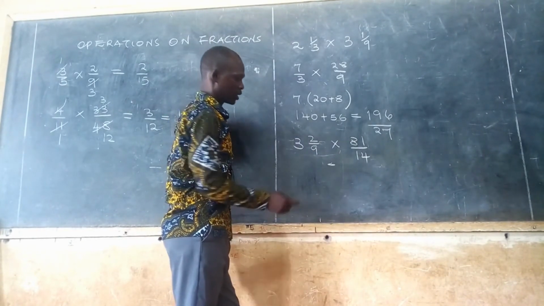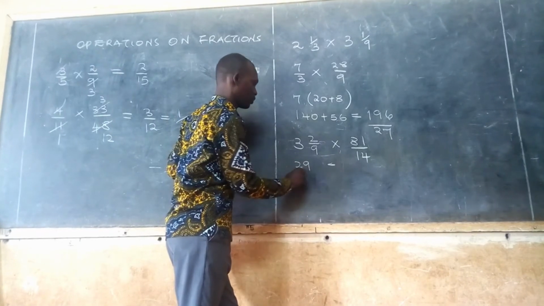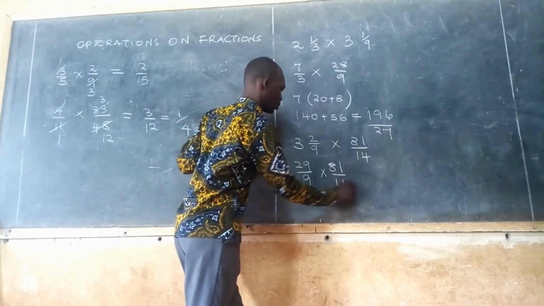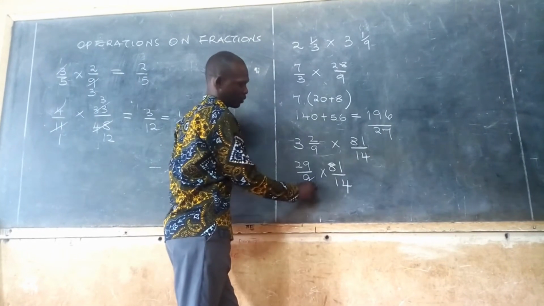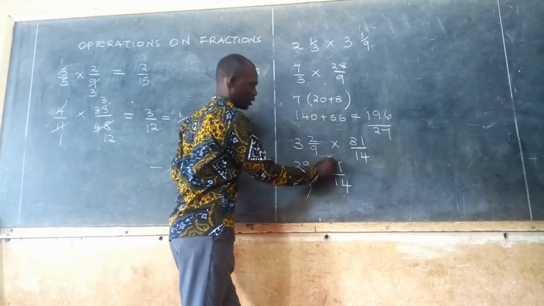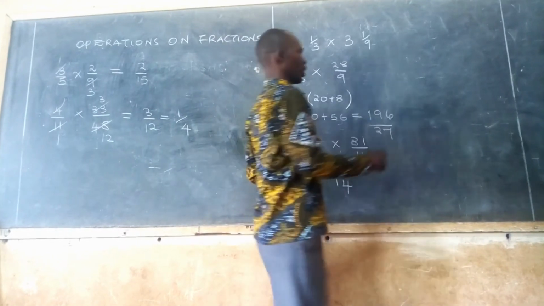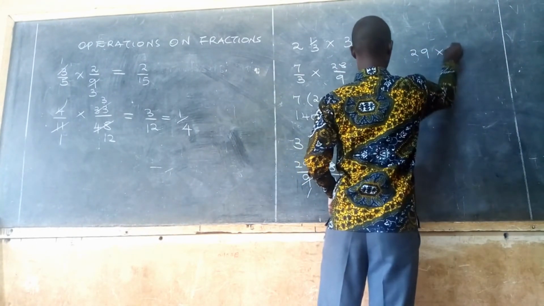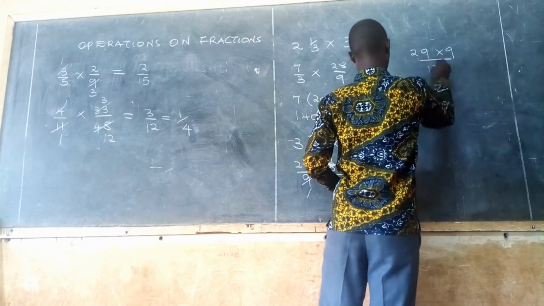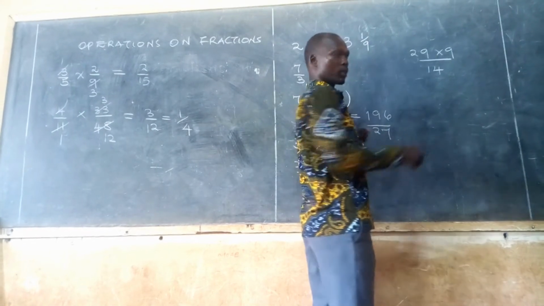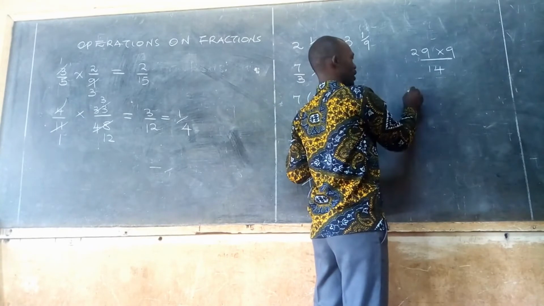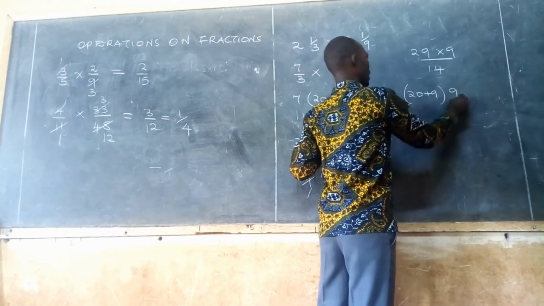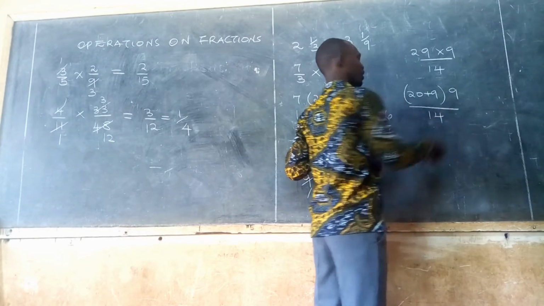That will give us 29 over 9 times 81 over 14. 9 ones, 9 9 times. So you're going to have 29 times 9 over 14. I've already shown you that the upper one you can have it as 20 plus 9 times 9 over 14.